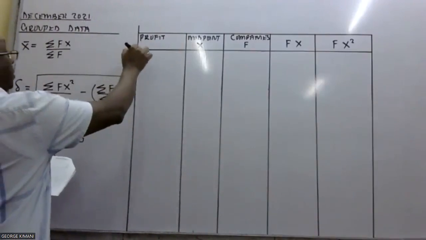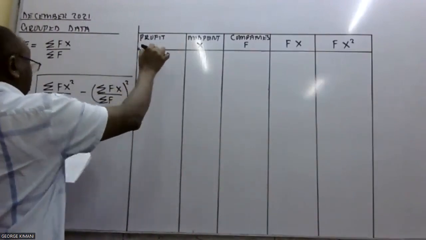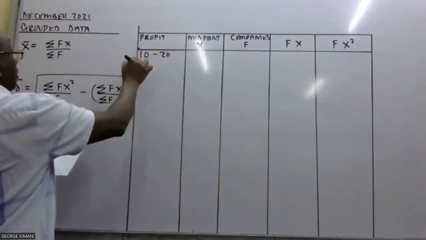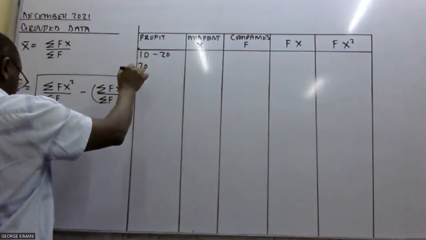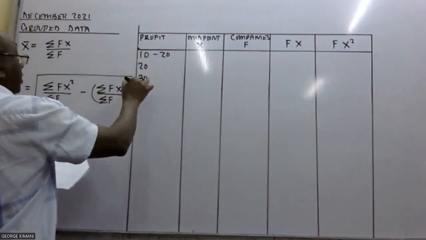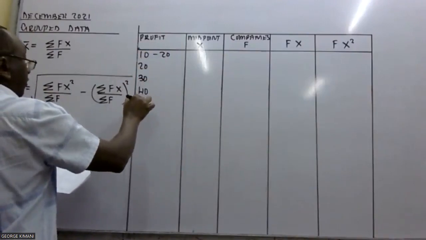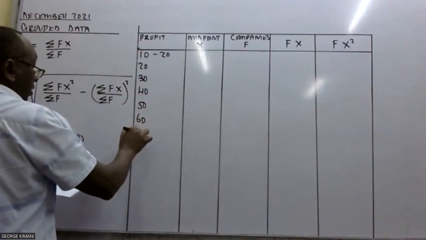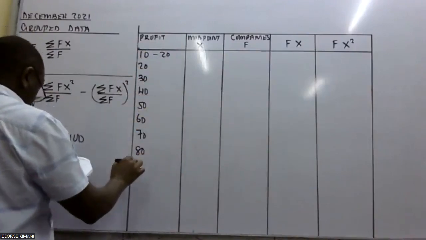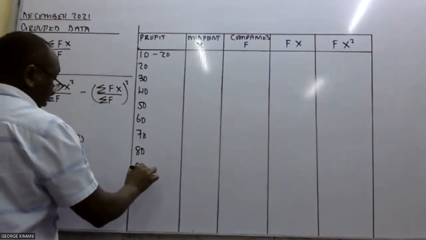So we have 10 to 20, 20, 30, 40, 50, 60, 70, 80, 90.